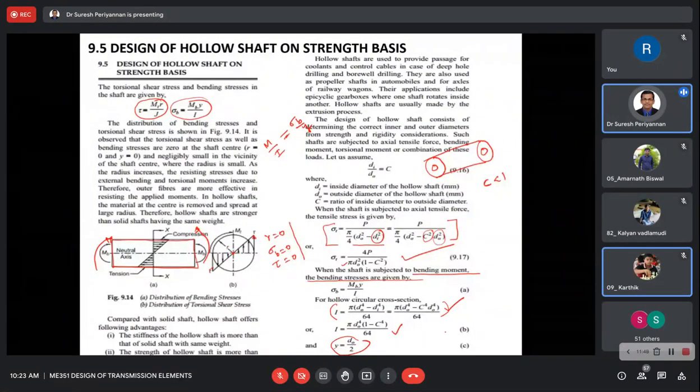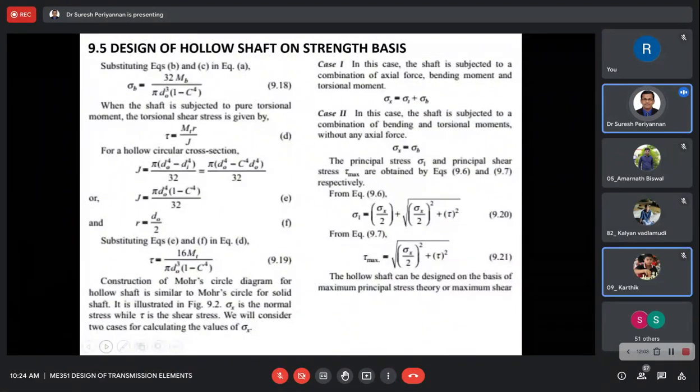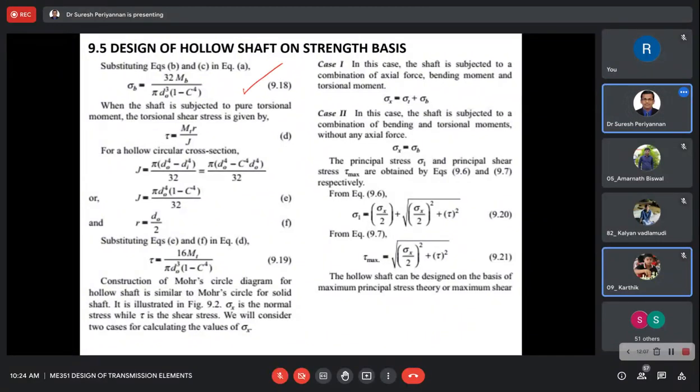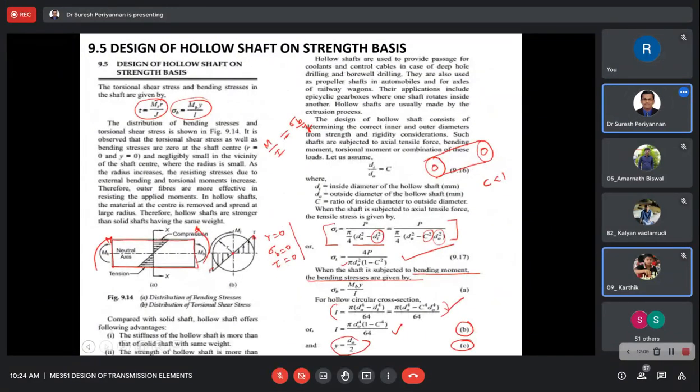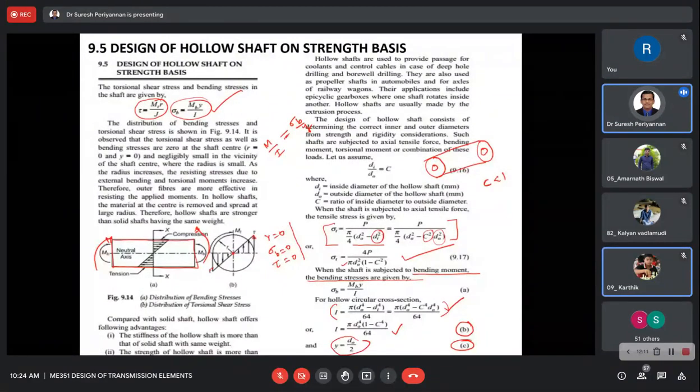Now we know the moment of inertia I, and this is the y value. Then substitute in our governing equation sigma b is equal to Mb into y divided by I. Y we know is d naught by 2, and I we know in terms of c.